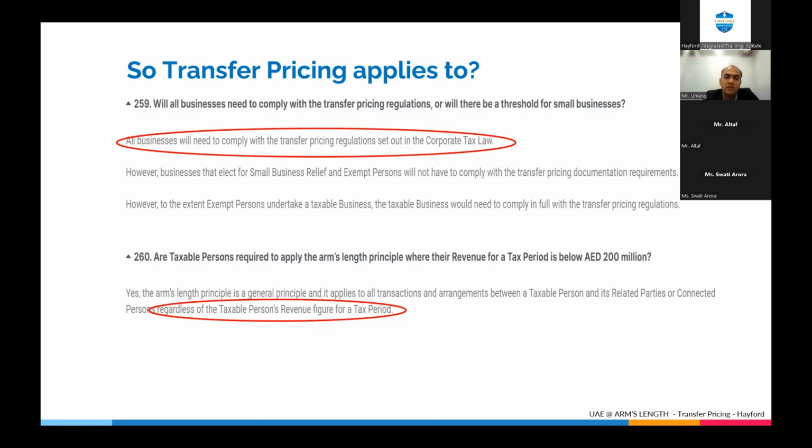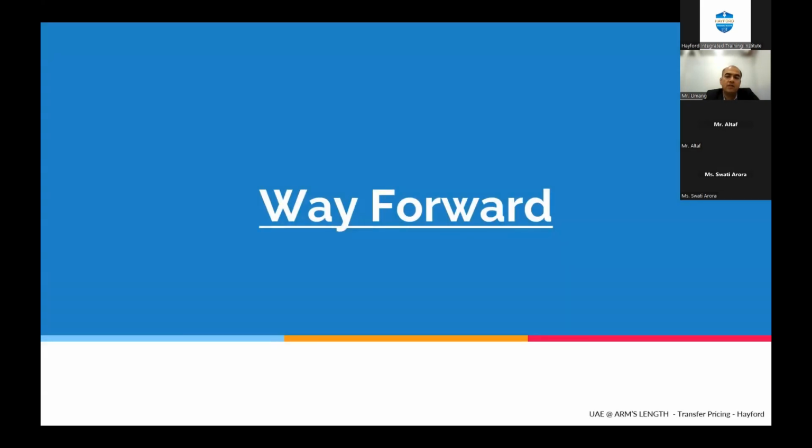In all situations, ALP is mandatory, and you won't be able to prove ALP unless you do all the steps required to arrive at it. So regulation applies to all businesses. Documentation applies selectively.